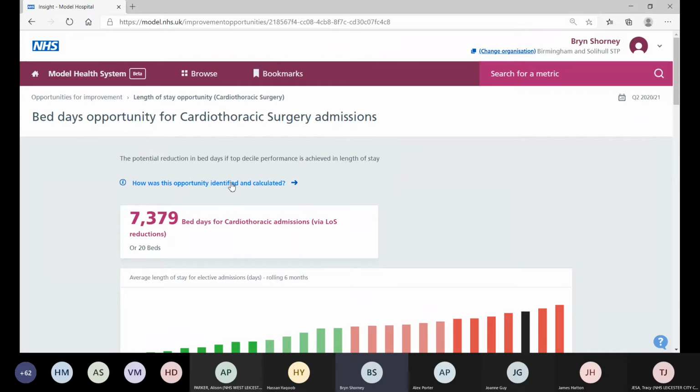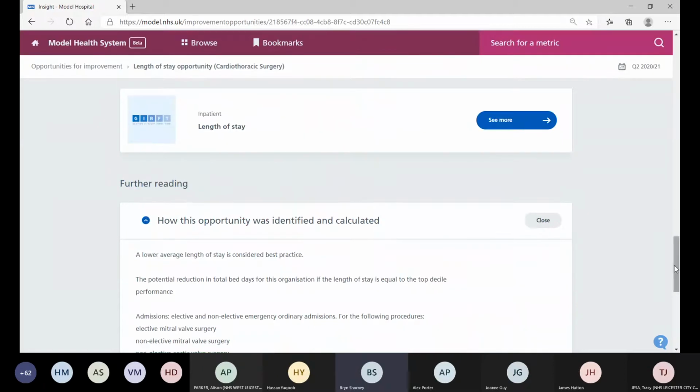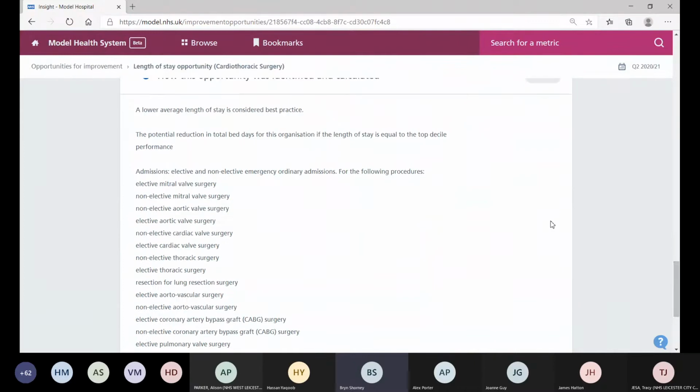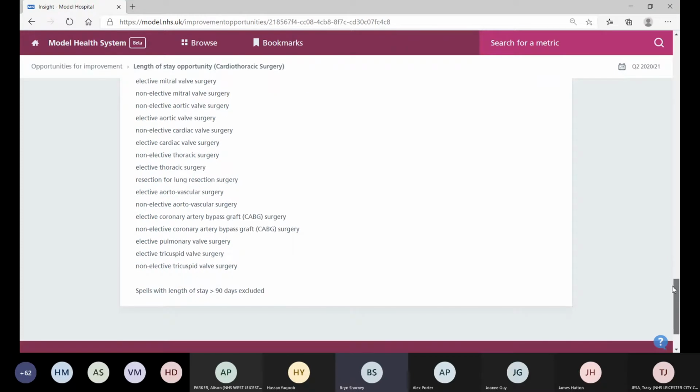Then if you click on that button, it takes you down to the section at the bottom, which says how this is calculated. Obviously a lower average length of stay is considered best practice, and then it's listing the conditions that this is built up from.